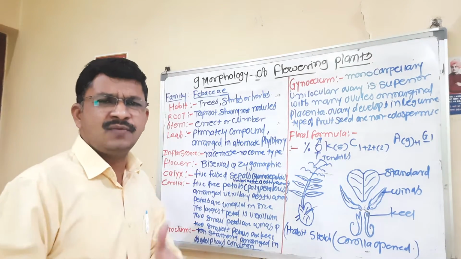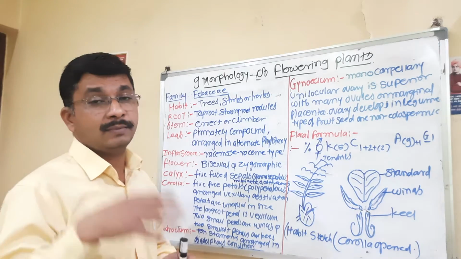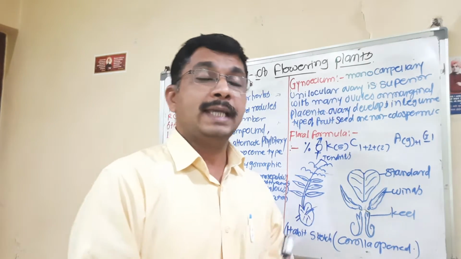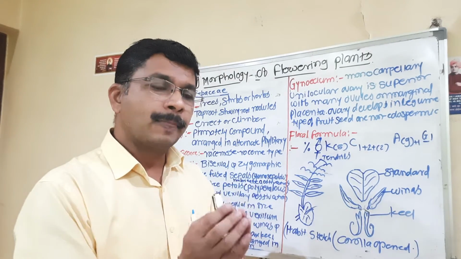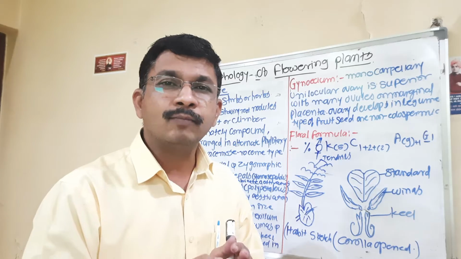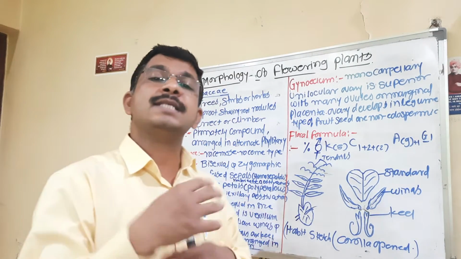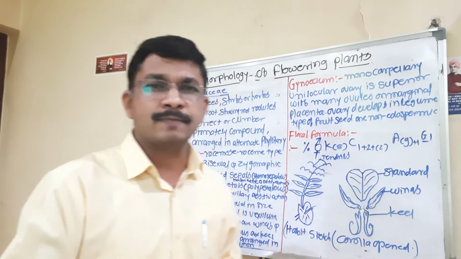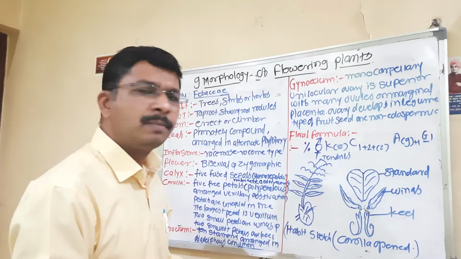Calyx is an accessory whorl. We discussed its use in the previous lecture also. Calyx is used for protection of the inner whorls at the time of bud condition. And calyx is green in color. Because of the green color, the calyx takes part in the photosynthesis process.